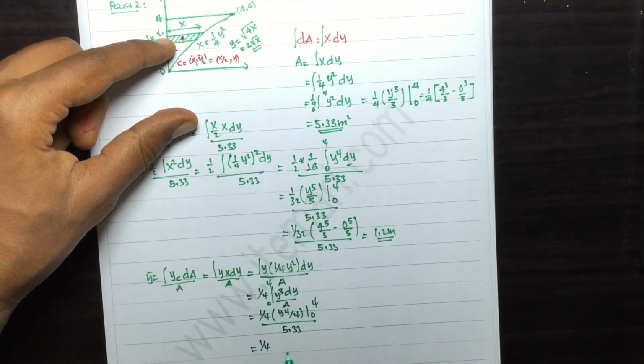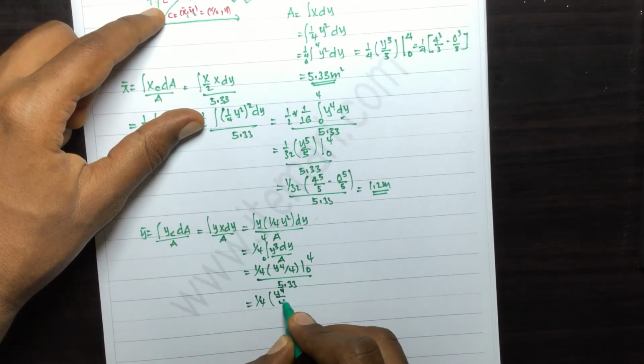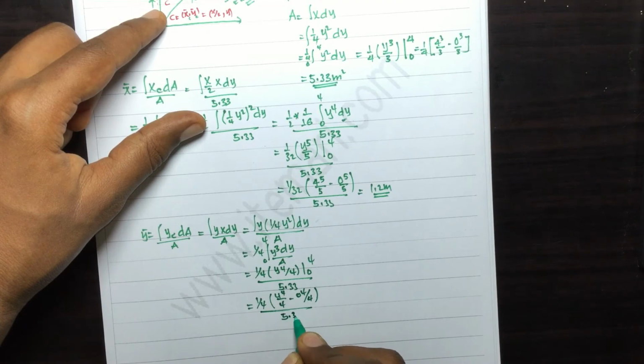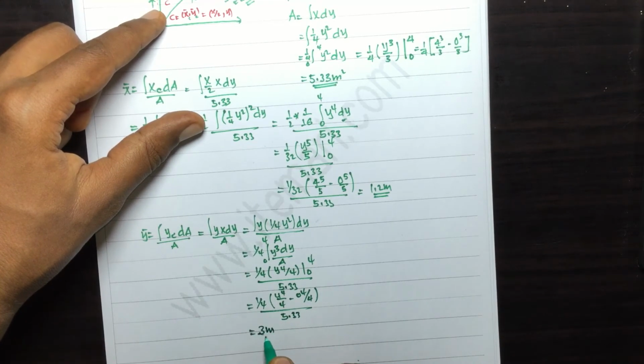That is 1 over 4 times 4 to the power of 4 over 4 minus 0 to the power of 4 over 4, over 5.33, and it will give us 3 meters.